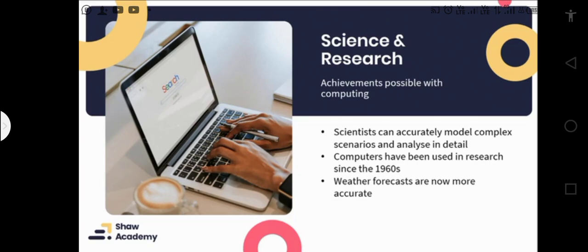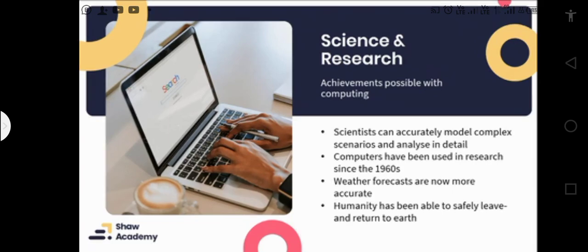Weather forecasts have now become more accurate with the use of carefully designed modeling tools and data analysis. Humanity has been able to safely leave Earth and return by simulating never-seen-before environments and building suitable equipment. Computers are also used in the research and fabrication of new, faster, and better computers.